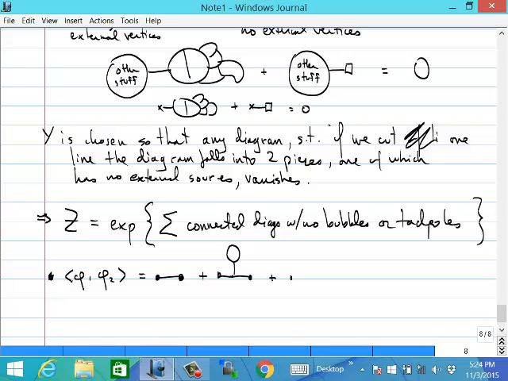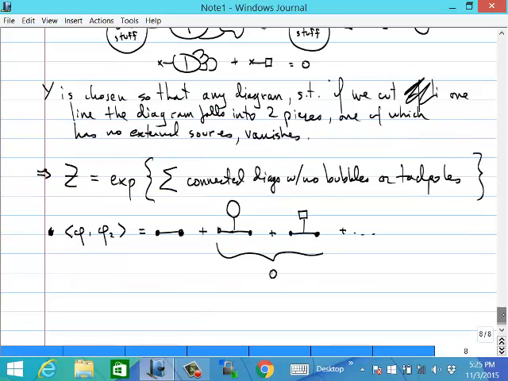But there will also be a term like that with a counter term. And these two terms sum up to 0. So you can just forget about that tadpole diagram. These two terms cancel, which is good because this diagram was infinity.